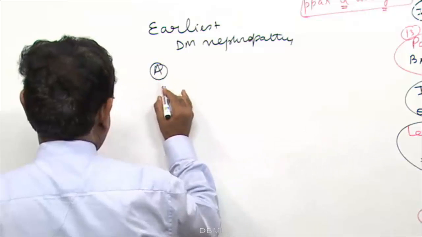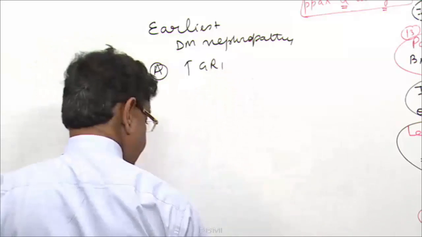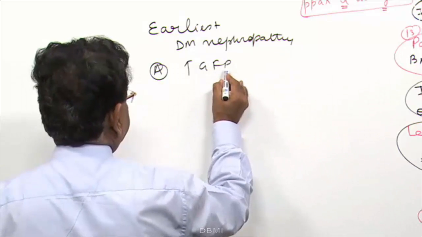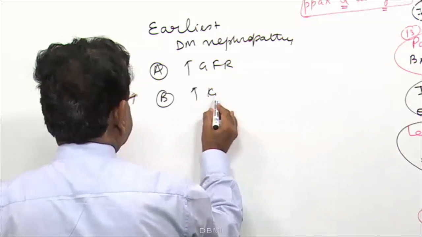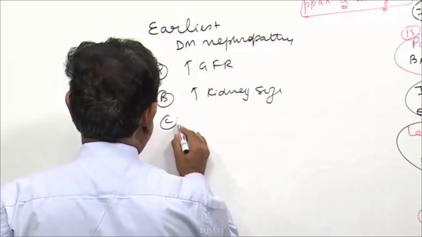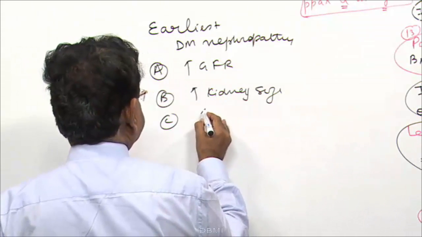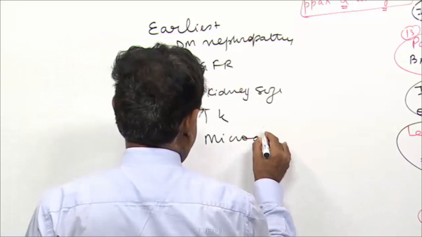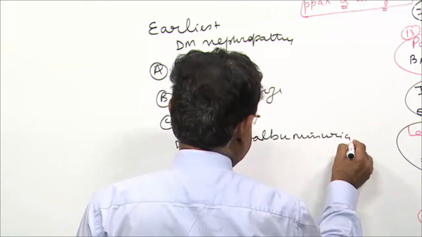Option A is increased GFR. Option B, increased kidney size. Third, potassium. Fourth, microalbuminuria. It is a very easy question.